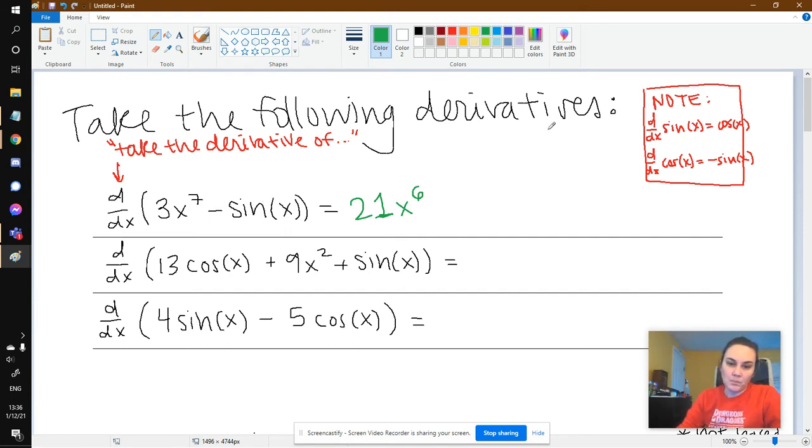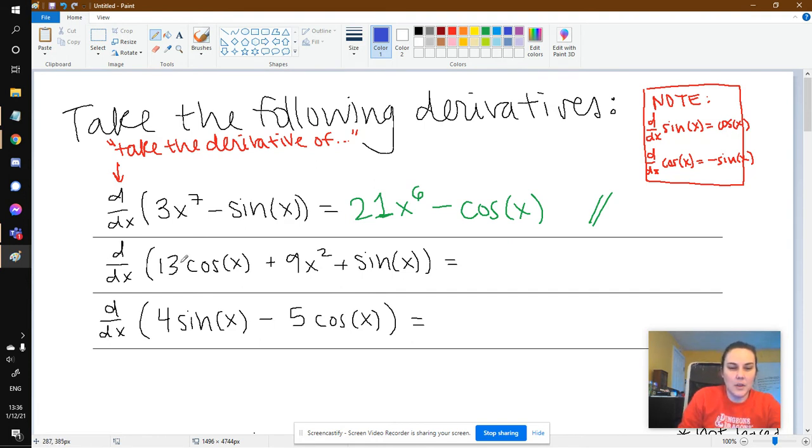It's the power rule. And then the derivative of sine is cosine, so the derivative of negative sine is negative cosine. The reason we do that is we say this derivative is cosine, and we keep the coefficient. That's a done problem. Nice.